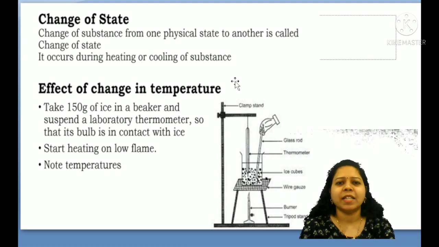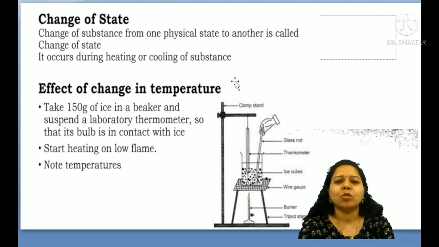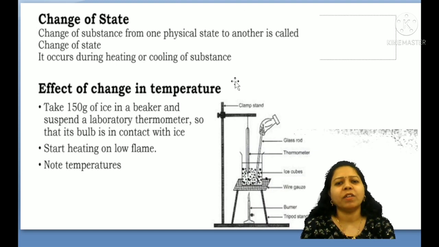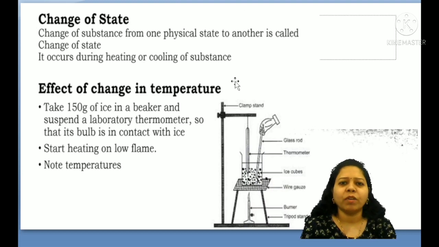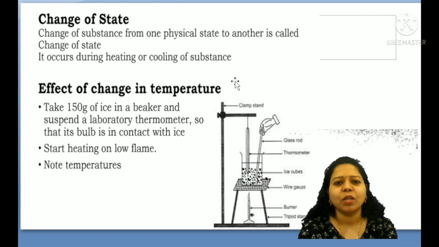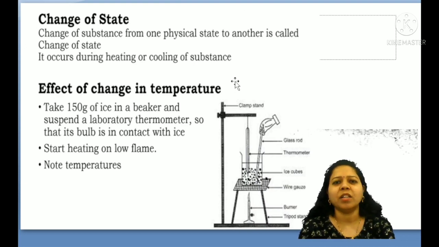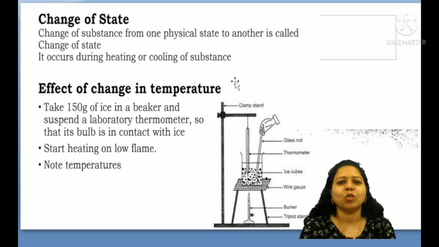These three states are interconvertible by changing their temperature and pressure. And this change of substance from one state to another is known as what? Change of state. Solids can be converted into liquid, liquid can be converted into gas, gas can again be converted into liquid, and liquid can again be converted into solid. This is known as change of state.